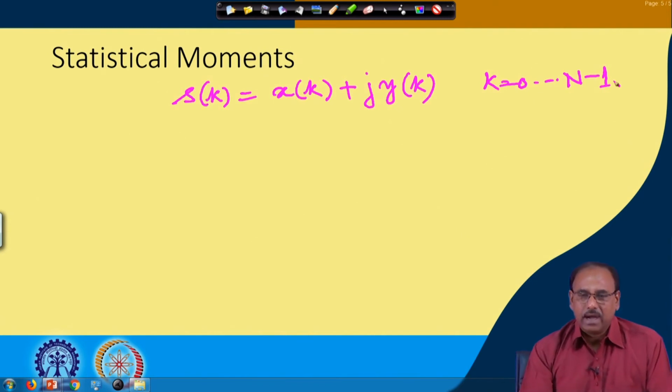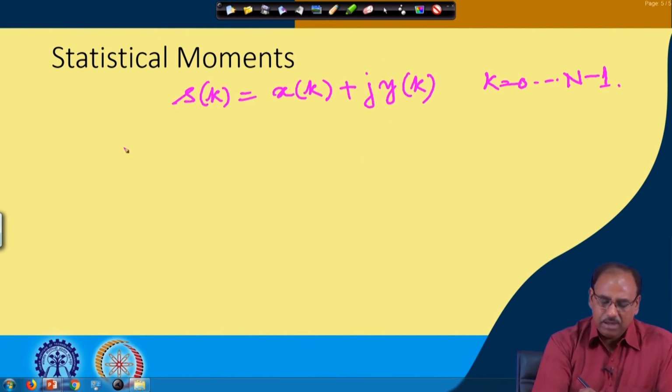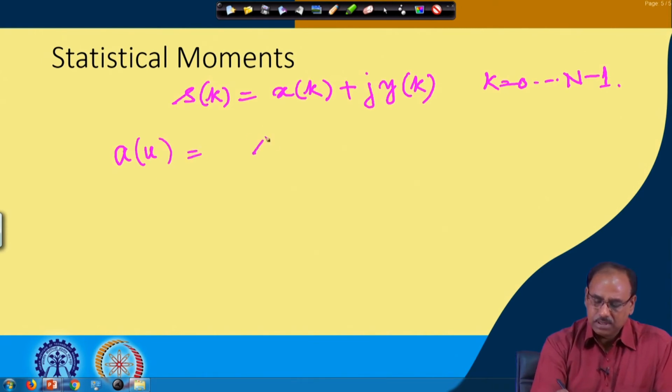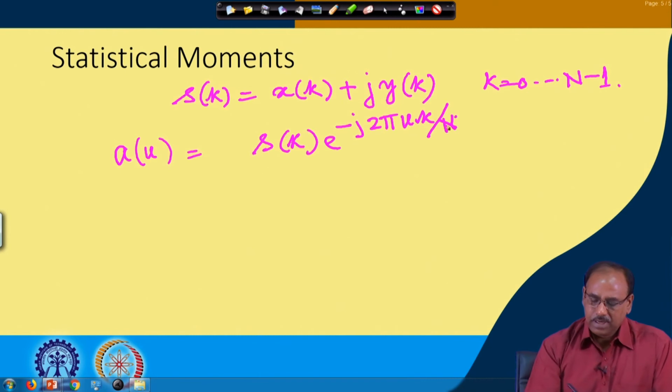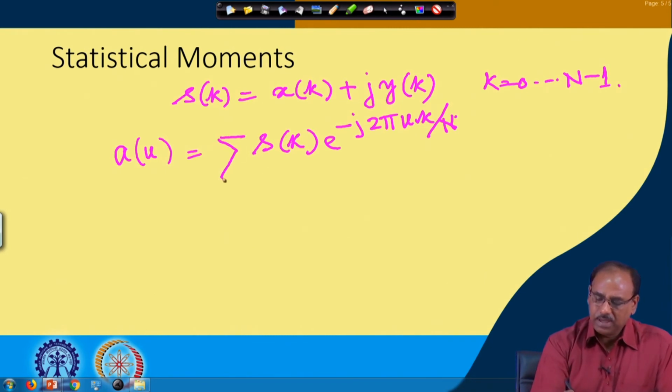And what I do is I take the Fourier transformation, and you know the Fourier transformation is given by a u is equal to the sum of S k e to the power minus j 2 pi u k by N, right, over k is equal to 0 to capital N minus 1.